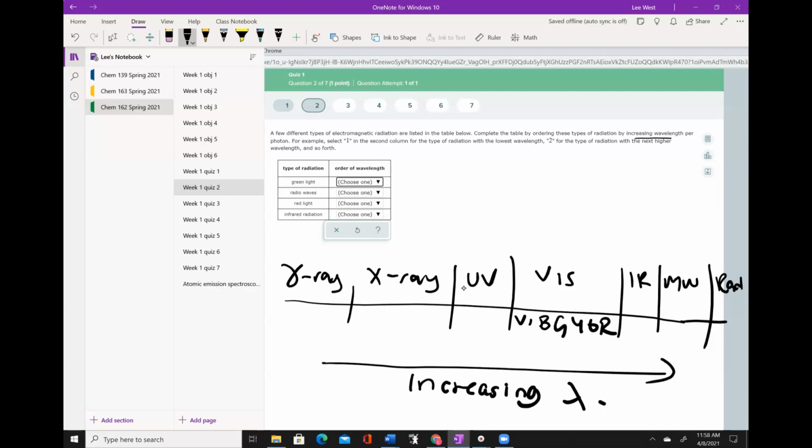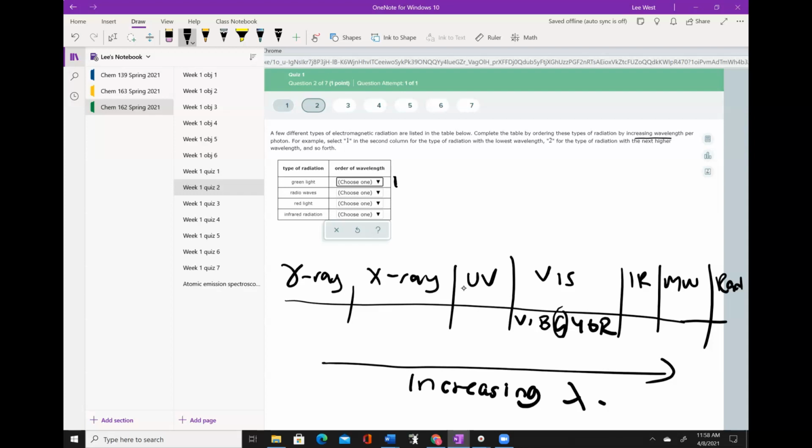So we're going to go this way and see what we encounter first. Gamma rays, there's no gamma rays. X-rays, there's no X-rays. UV, there's no UV. Now we're going to get into some colored ones. Violet, there's no violet. Indigo, there's no indigo. Blue, there's no blue. Green. Green is going to be our longest wavelength. There it is. So that's going to be number 1.